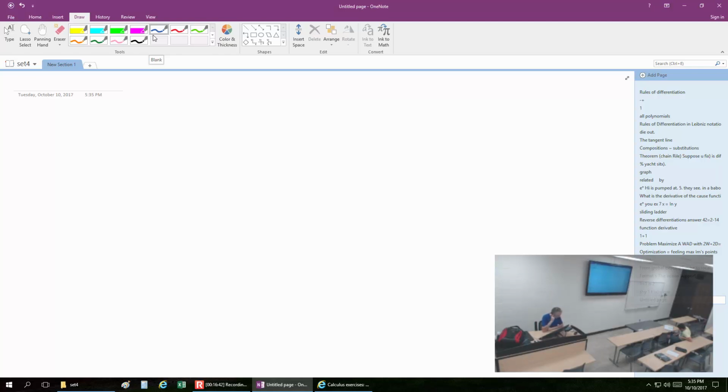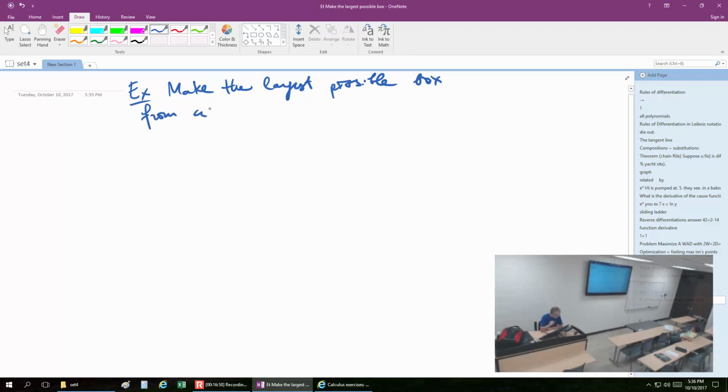We want to make the largest possible box from a 10 by 10 piece of cardboard. And box meaning open box.